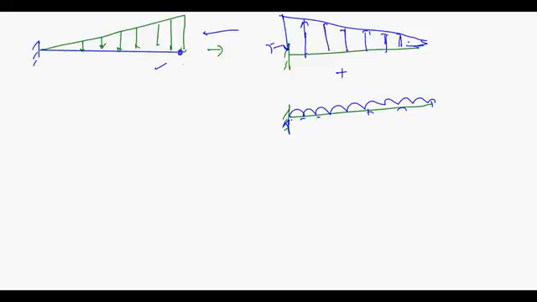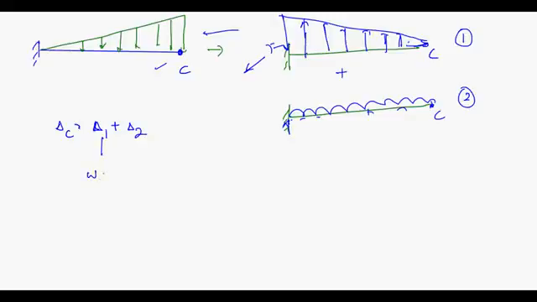Now suppose I want to calculate deflection and rotation at point C. So this is my case 1, this is my case 2, so my delta at C will be delta from case 1 plus delta from case 2. Do you know the deflection from this case? What is the deflection from this case? Is it WL to the power 4 upon 30EI?